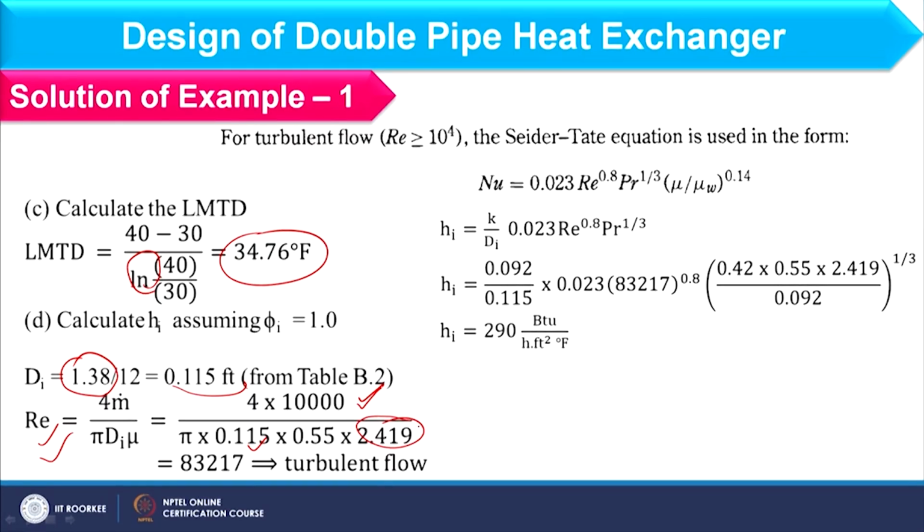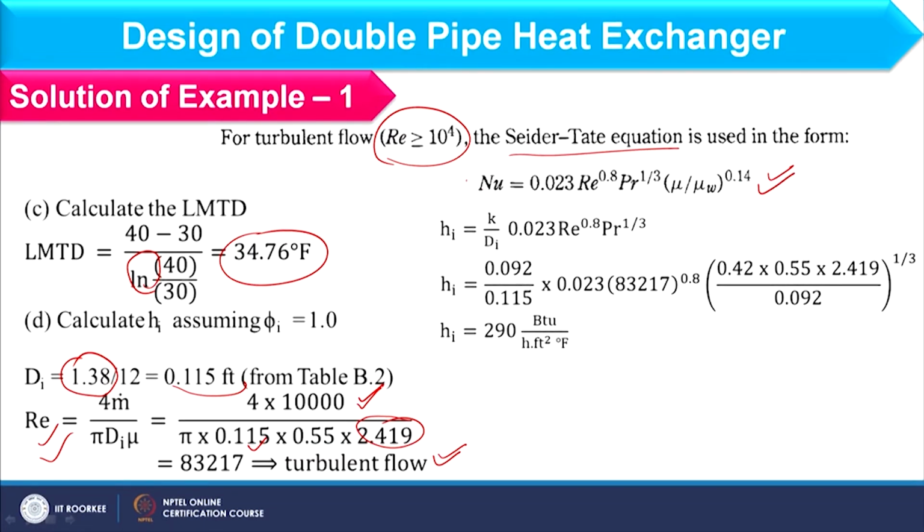Considering these values, we obtain the Reynolds number as 83217, and it is falling under the turbulent flow zone. Now, for the turbulent flow zone, when the Reynolds number is greater than 10 to the power 4, we can simply use the Sieder-Tate equation, and this equation you can refer to.